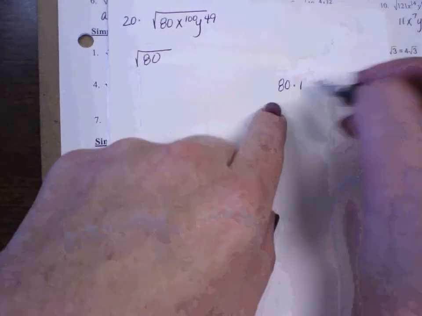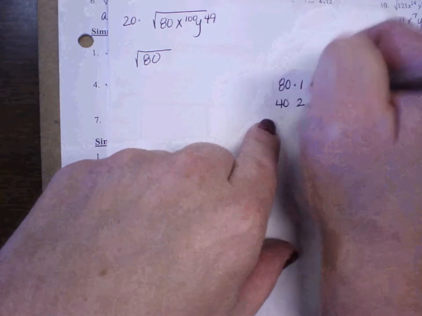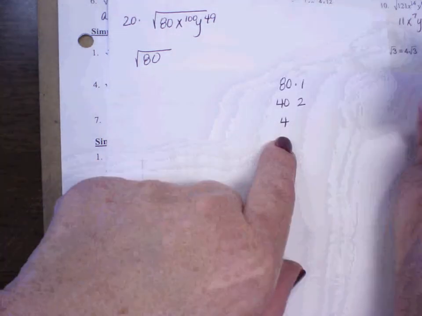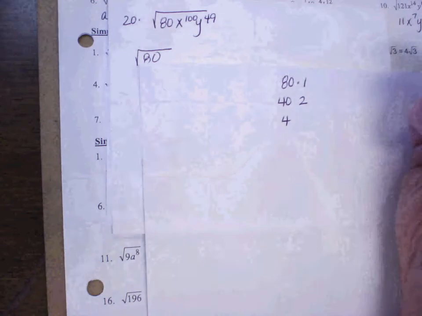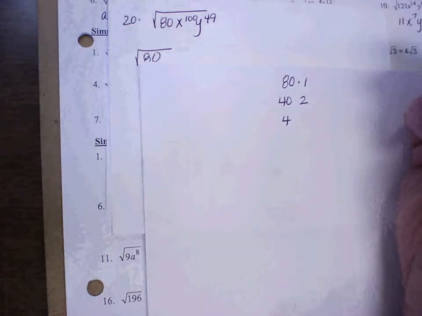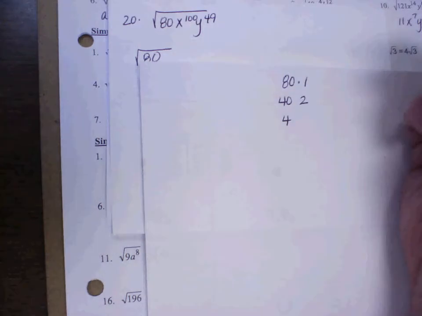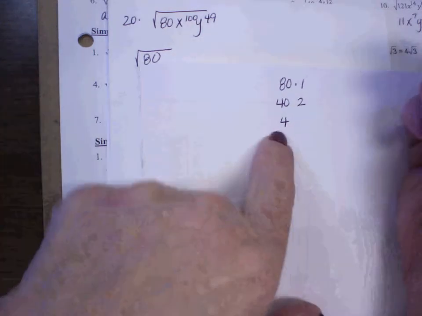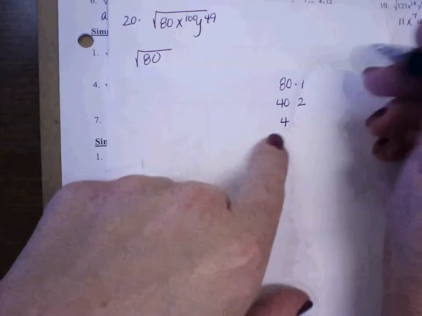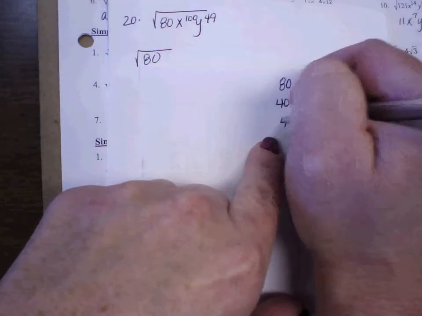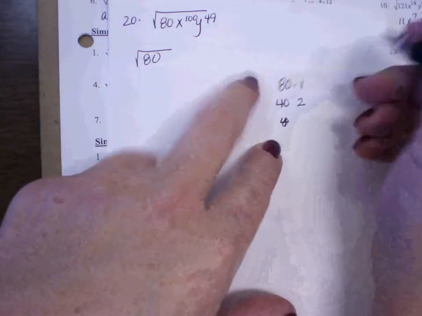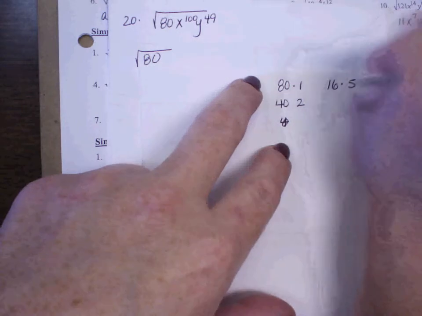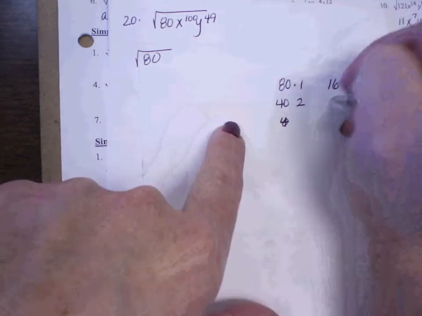Both of those are not perfect squares. So let's look. If you don't know, because right now I'm going blank, just start writing two numbers that multiply to 80, right? So 80 times 1, 40 times 2. Okay, one at a time, because I'm 42 years old. It just doesn't happen as quick as you guys want me to. All right. So what do we got?